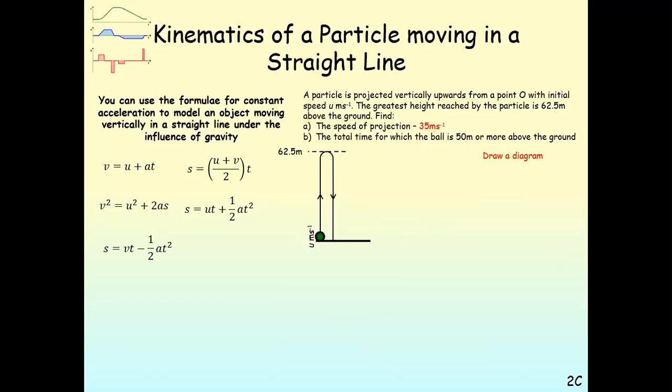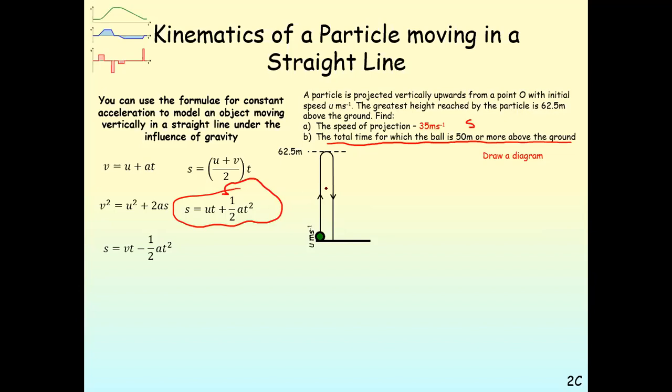Then they are talking about the total time for which the ball is 50 meters or above the ground. Now let's do the math. The total time for which the ball is 50 meters or more above the ground. We are talking about displacement S. In this displacement, we have a quadratic equation.